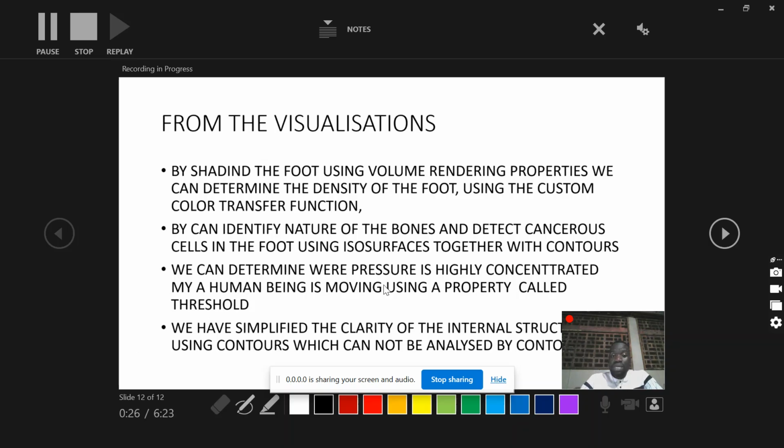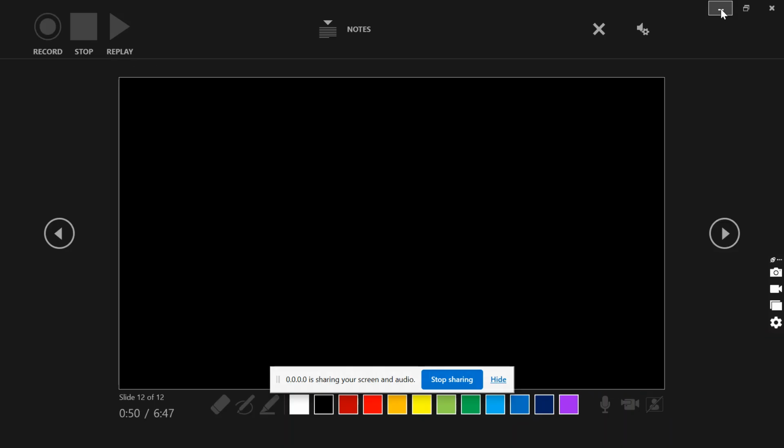We can determine where pressure is highly concentrated in a human being using the property called a threshold, and then we have a simplified clarity of the internal structure of the bone using contours. Now let me try to go through ParaView.